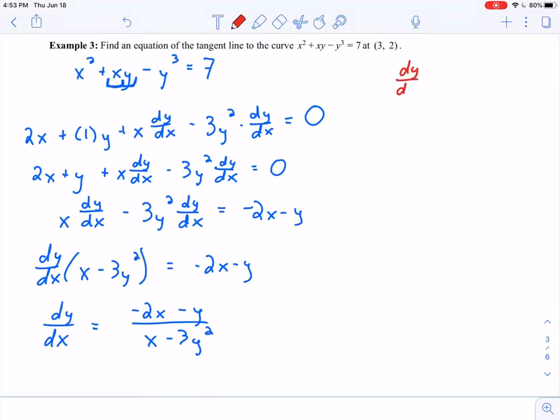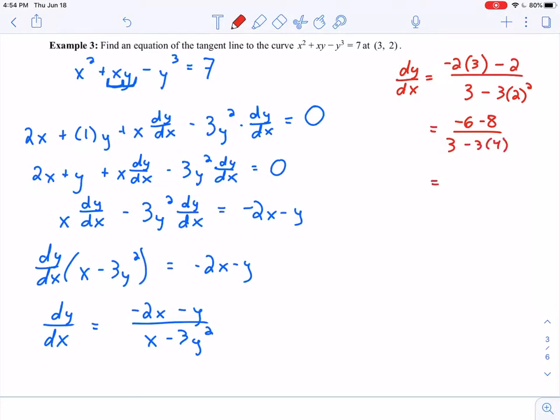So let's say dy over dx is equal to negative 2 times my x value of 3 minus y, that is 2, all over x is 3 minus 3 times 2 squared. And we're going to evaluate this. So negative 6 minus 8 all over 3 minus 3 times 4.